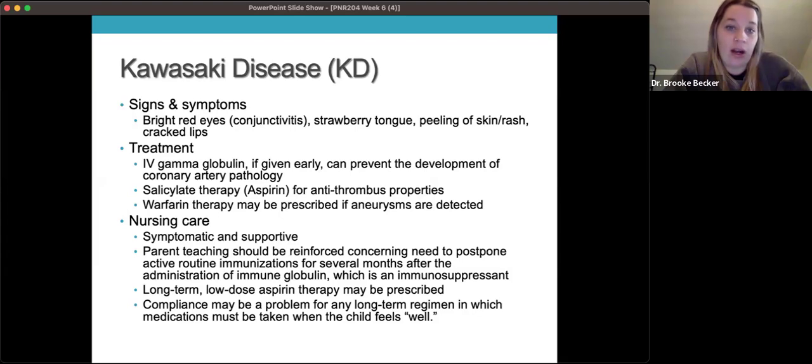Symptomatic supportive cares, plus you'll be doing the IVIG, potentially steroids or aspirin. Okay. Parents should be taught that they need to postpone their routine vaccines. It says for several months in your book. I would let the cardiologist decide that, but that's just because they were given IVIG.